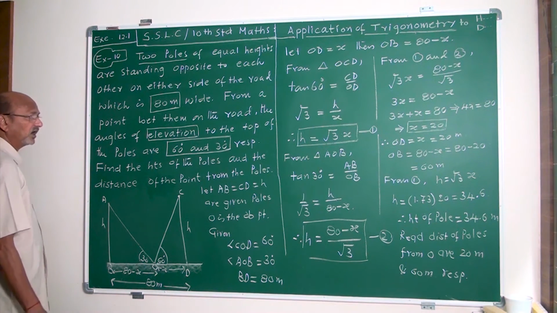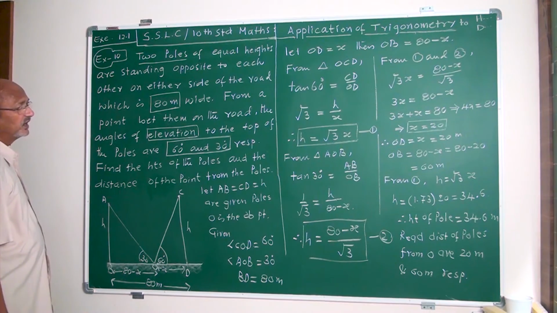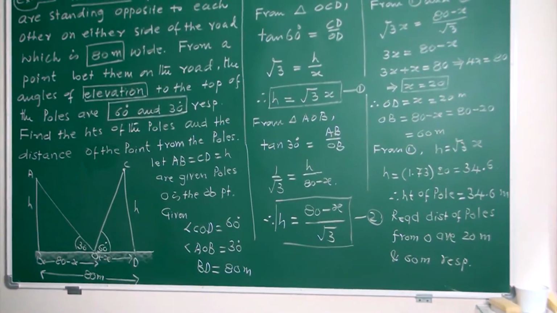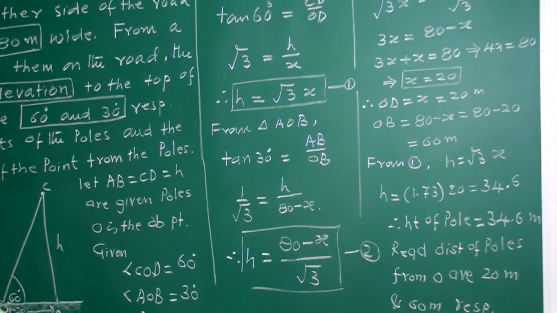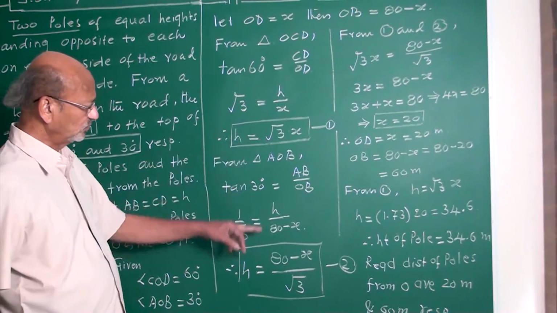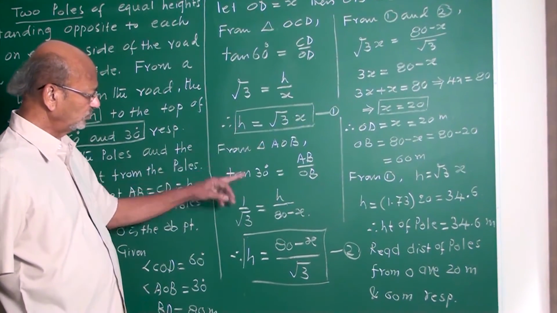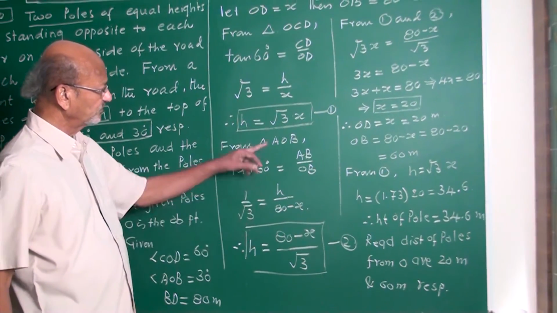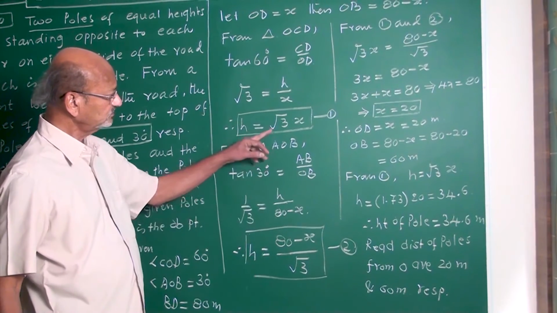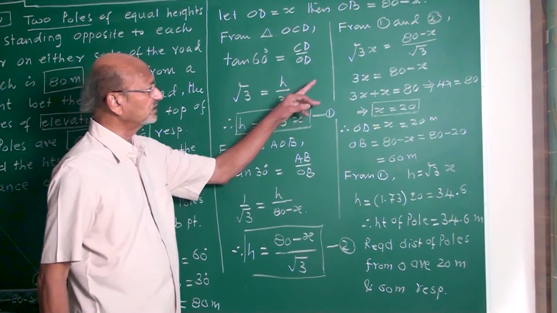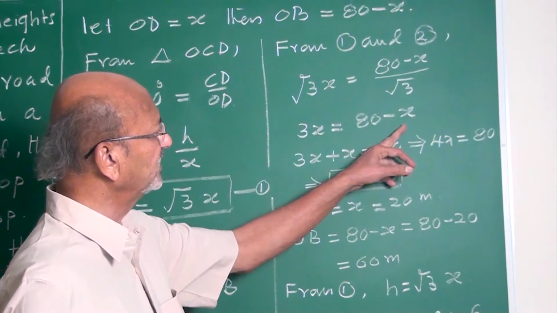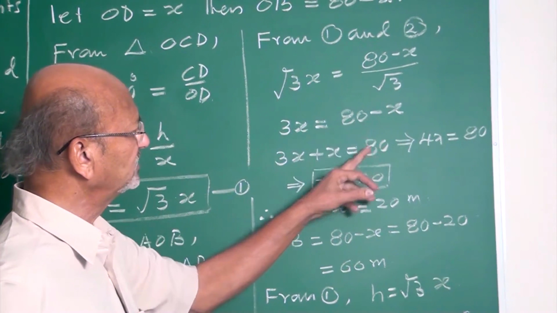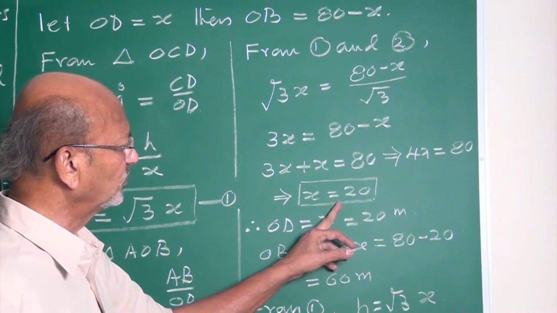From 1 and 2, equating for h, the RHS of 1 should be equal to the RHS of 2, as both LHS are equal to h. Root 3 into root 3 is 3, so 3x equals 80 minus x. 3x plus x is 4x equal to 80, so x is 20.